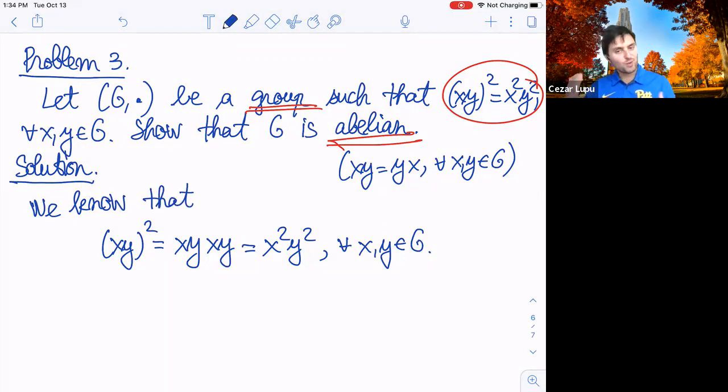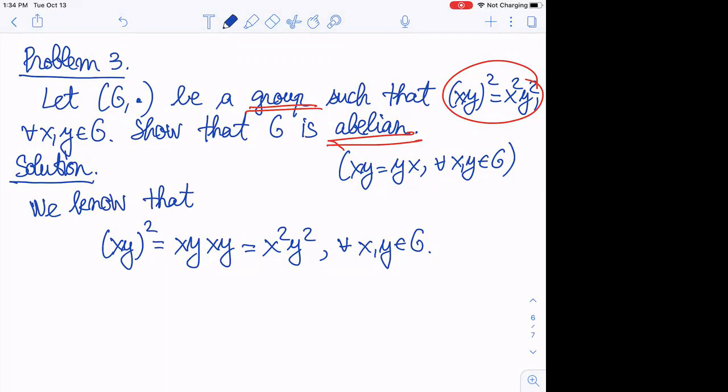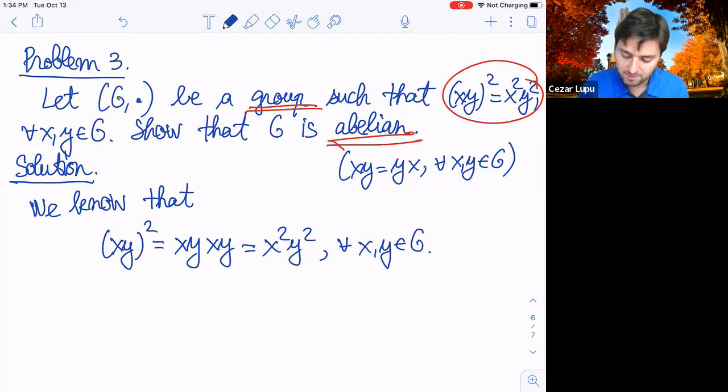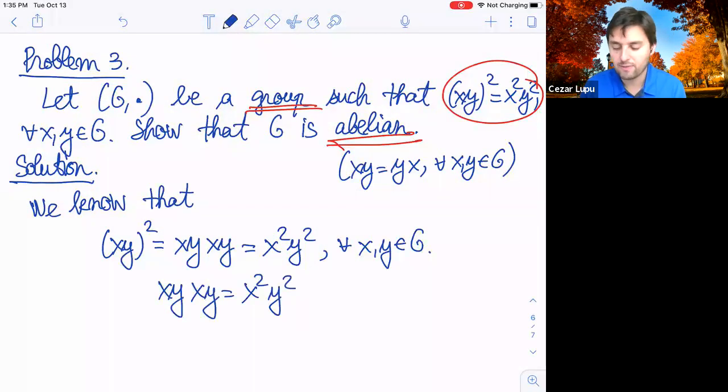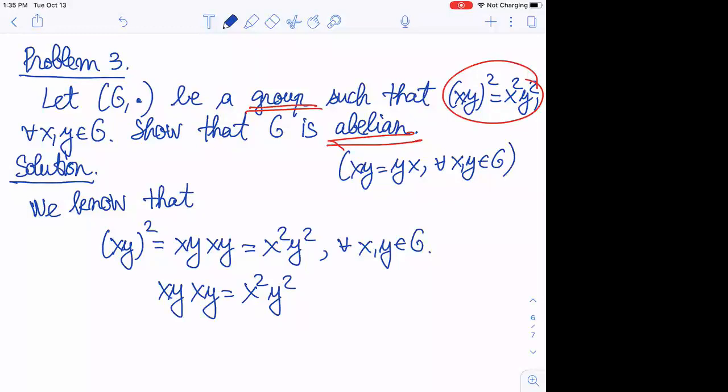So what would you do here? I'm curious. Multiply by the inverse of y. Exactly. So we can multiply by the inverse of y. Okay, I'm going to write it in this way: xy is x squared, y squared. To the left or to the right, because this is important. I didn't say the group is abelian; we have to show that.